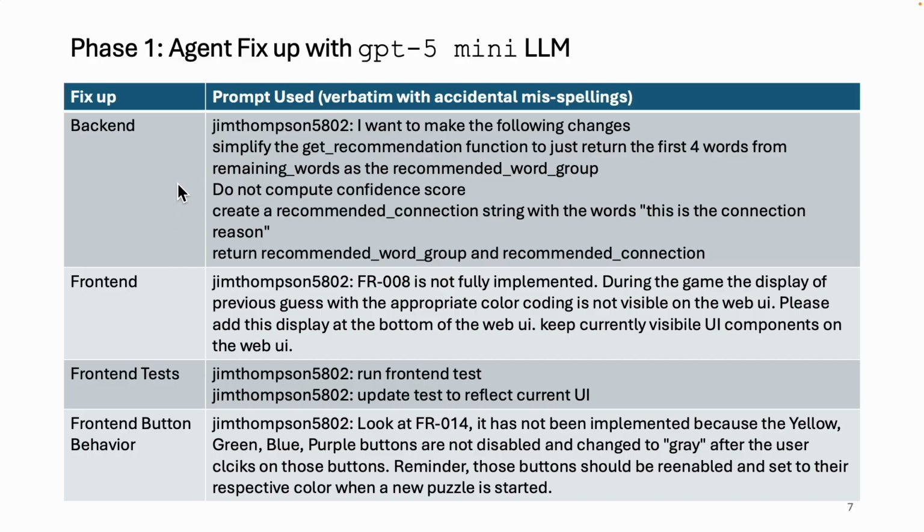On the back end, we simplified the recommendation function to just return the first 4 remaining words along with the placeholder connection string and updated relevant unit tests to reflect this change. On the front end, we pointed out to the agent the incomplete implementation of FR008, which added the missing display of previous guesses at the bottom of the UI.